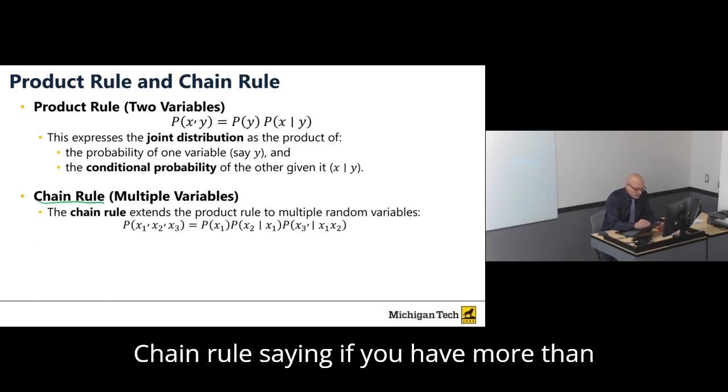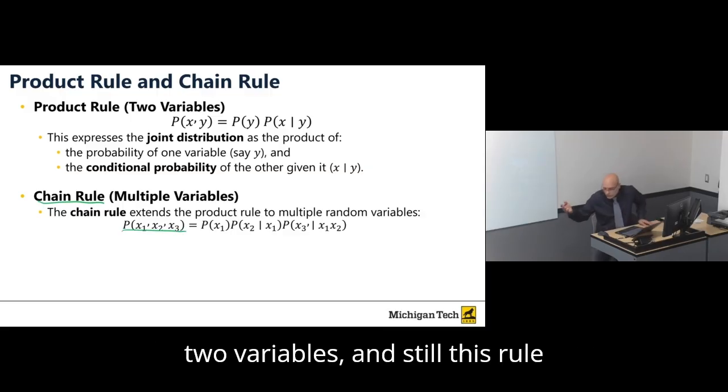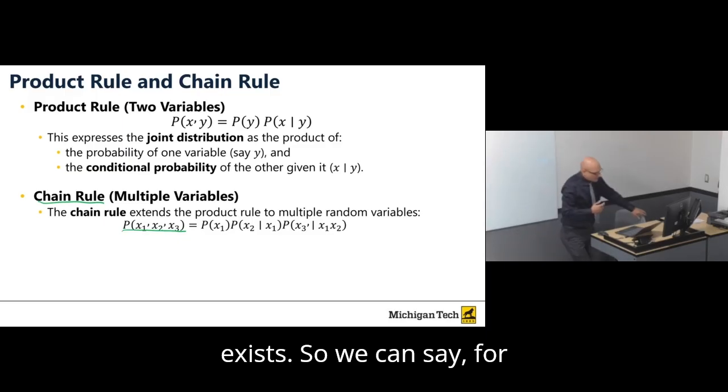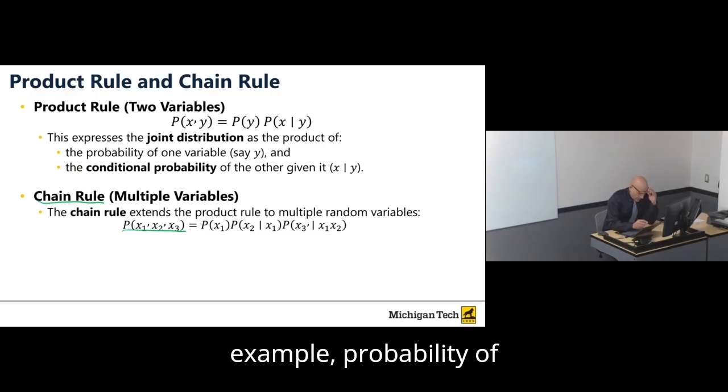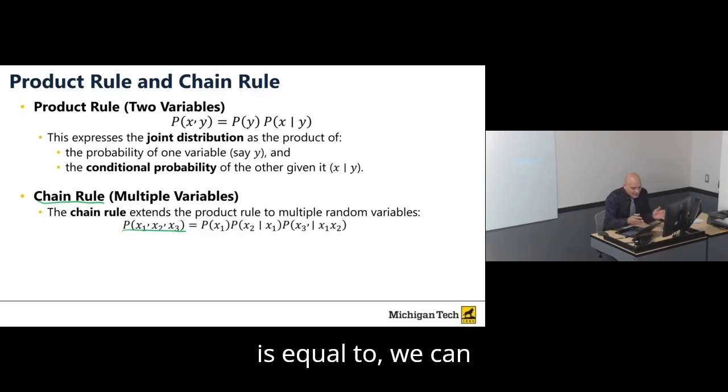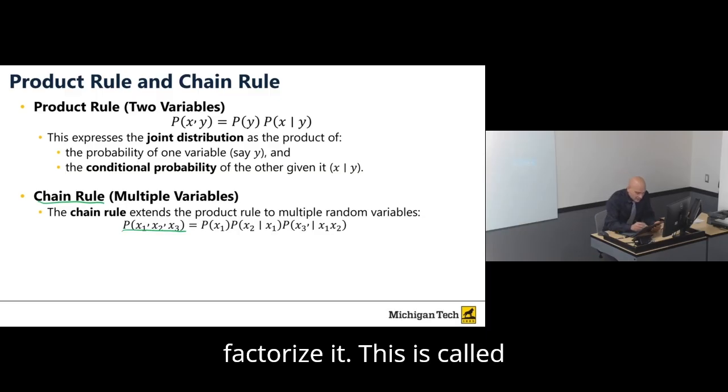Chain rule says if you have more than two variables, this rule still exists. So we can say, for example, probability of x1, x2, x3 is equal to, we can factorize it. This is called factorization.